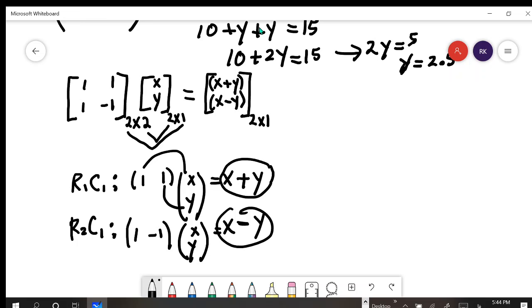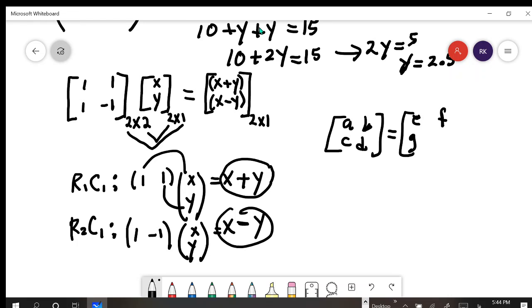Now, also you have to know that if two matrices are the same, let's say A, B, C, D equals C, D, whatnot, E, F, G, H, then for two matrices to be equal, all the corresponding elements have to be the same.